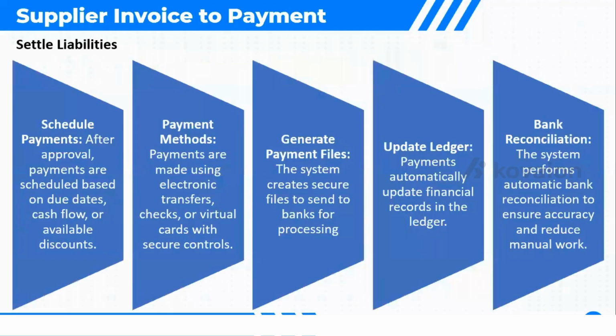The next one is settling of liabilities. In settling of liabilities, we send the invoices and the payments based upon the due dates to the bank. We can either use payment files or payment process requests to send those invoices and payments which we have captured in Oracle Fusion to the bank.